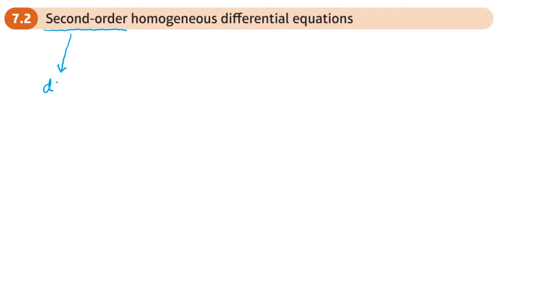Second order means that it contains something like this in there. You could think of it as at some point it's been differentiated twice to get to this stage. So to go back, you need to integrate twice.